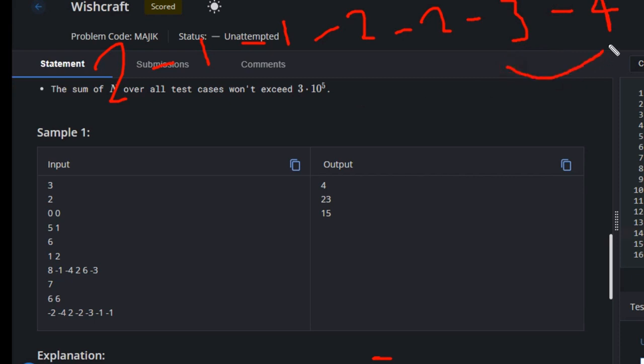Adding these two will give a greater absolute number, or adding these two, or subtraction. There are four possibilities: subtraction of 2 minus minus 4, or minus 4 minus 2, or these two, or these two. These are the combinations. You have to check which will give the maximum absolute value. In this case, adding these two numbers will give the maximum absolute value.